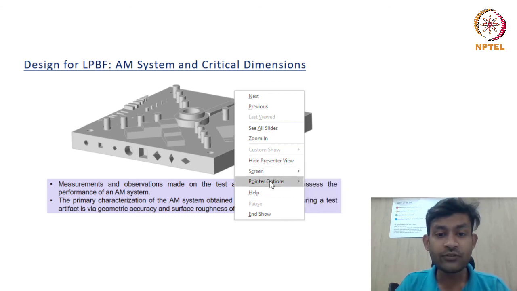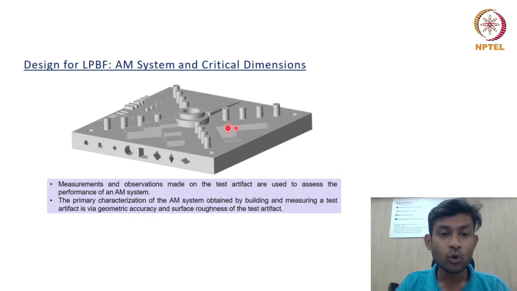The purpose of this artifact is to tell the user the minimum critical dimension for each feature. For example, what is the minimum cylinder diameter that we can produce? What is the minimum hole diameter which we can produce in the horizontal direction? And what is the similar minimum dimension which can be realized in the vertical direction?